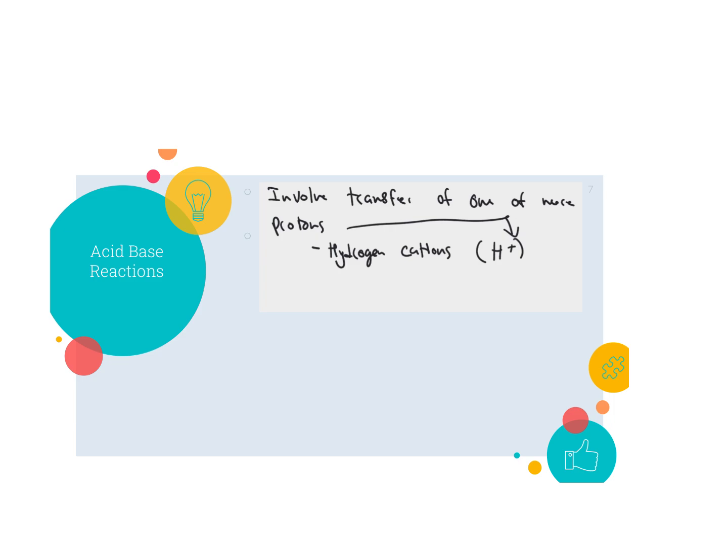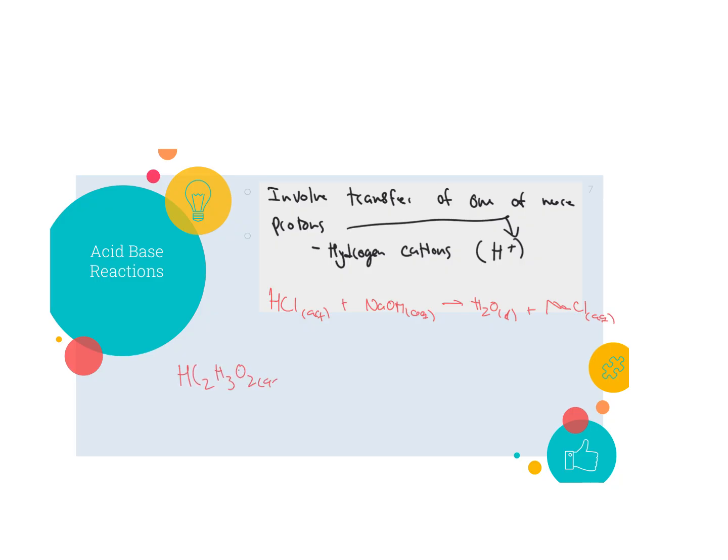An example of this would be HCl aqueous reacting with sodium hydroxide aqueous to form H2O liquid plus NaCl, which is also aqueous. Another example of this would be acetic acid or vinegar, right?